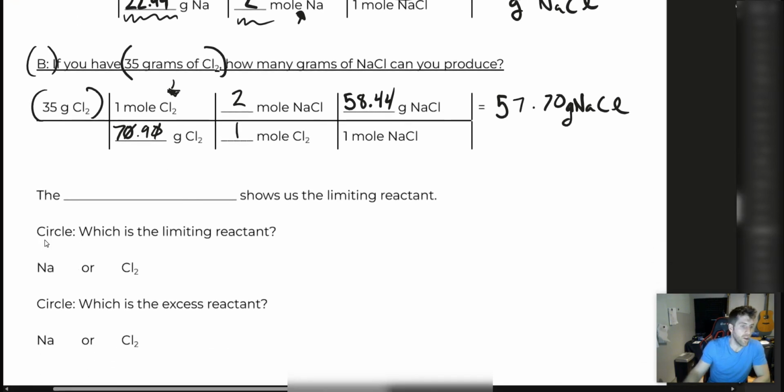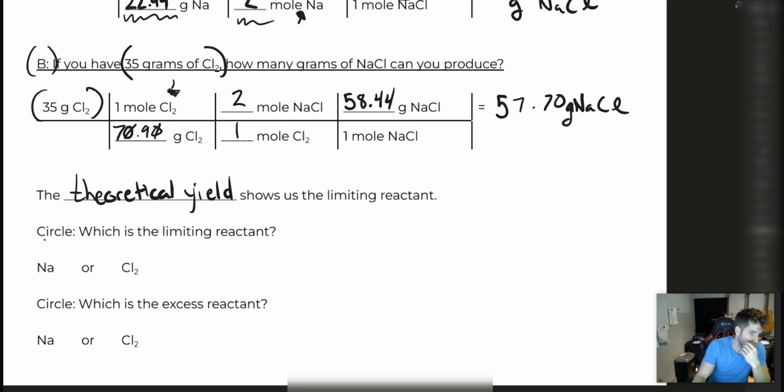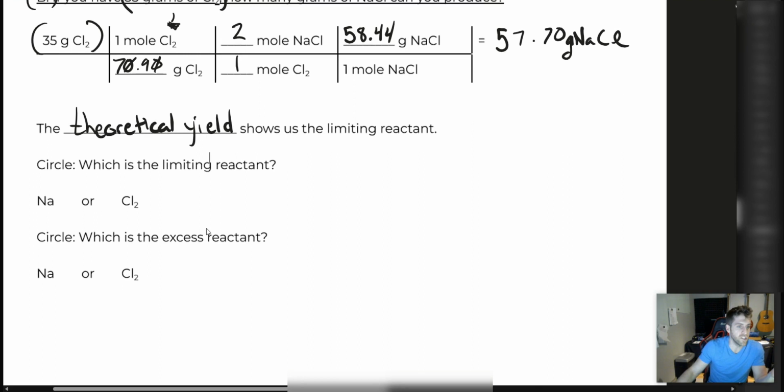So this is where I got a little bit off. The theoretical yield shows us the limiting reactant. I wouldn't have been able to get that right away without a cheat sheet or something, but that's what goes there. So yeah, the theoretical yield shows us the limiting reactant. And so again, which is the limiting reactant?